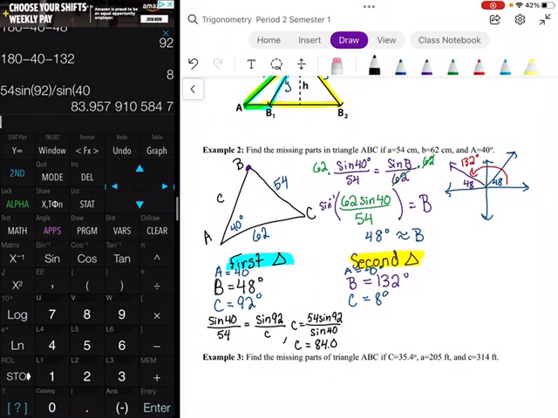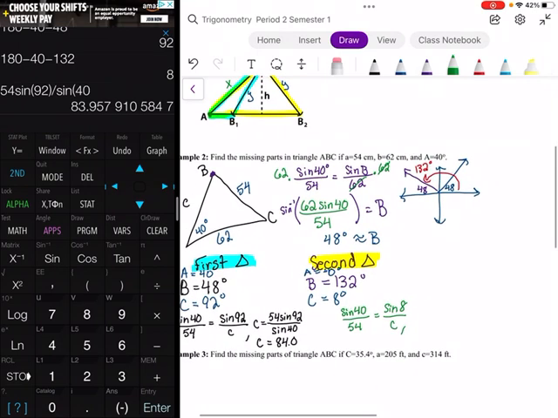Then we can go ahead and do the same thing for our second triangle. We're still going to use the sine of 40 over 54. And this time, our C angle was 8 degrees. So we can do the sine of 8 degrees all over C. And if you cross multiply and rearrange your equation, for this one, you're going to get C equals 54 sine of 8 all over the sine of 40 degrees.